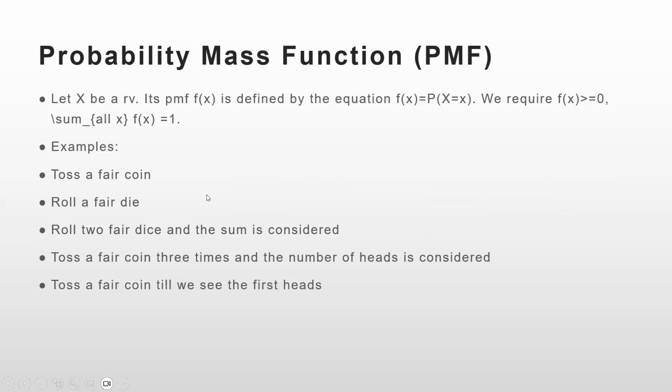All right, next one, toss a fair coin till we see the first heads. We know the sample space is 1, 2, 3, 4, whatever. So let's try to figure out f of little k. The meaning is x equaling k. X is the number of tosses needed to see the first heads.